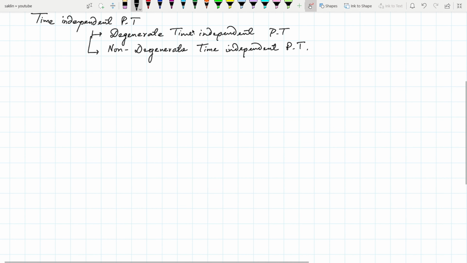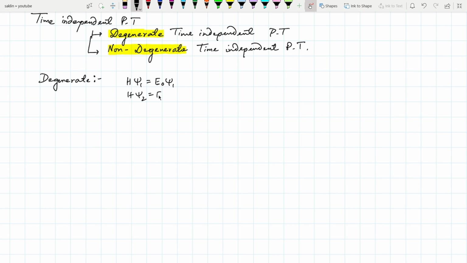Okay, if these two terms are confusing you, I will tell you in short what they are. Degenerate means different eigenfunctions can have the same eigenvalue. Here you can see the eigenvalue is the same.